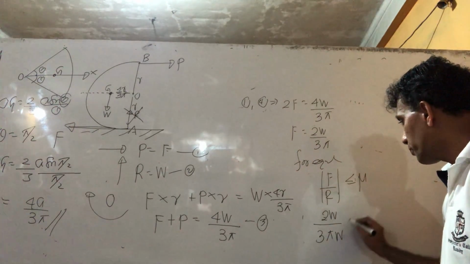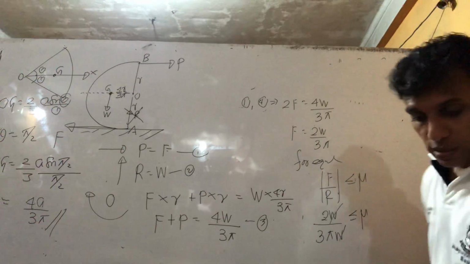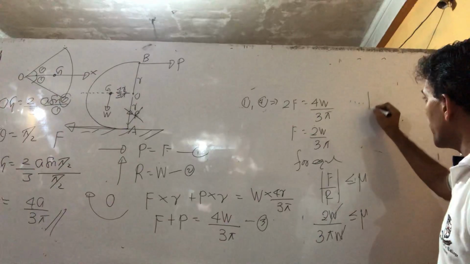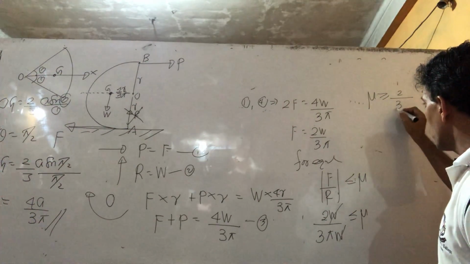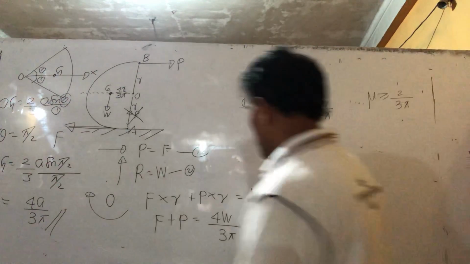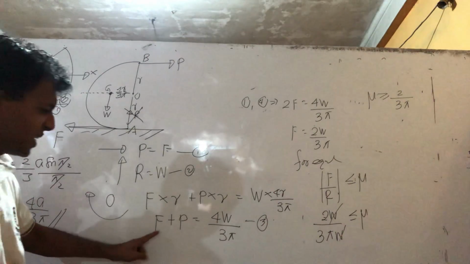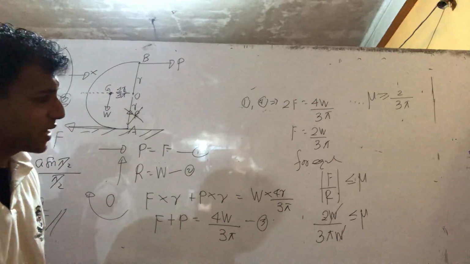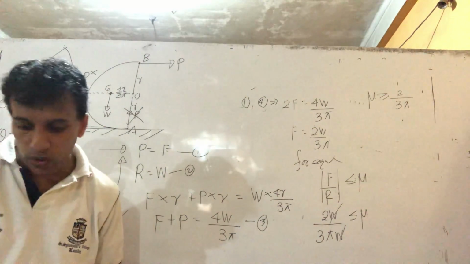W. Therefore W cancels. The problem is there: mu is greater than or equal to. So I made a mistake in the earlier video. Check that, actually this should be a different value. I misused it, that was the mistake. So the actual value is mu greater than or equal to 2 over 3 pi.